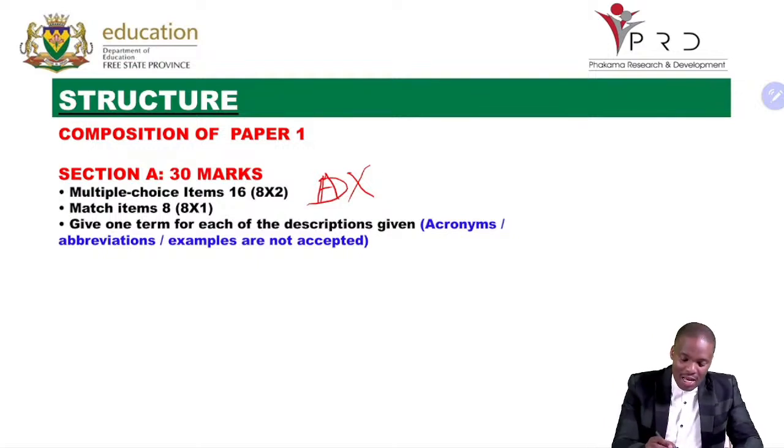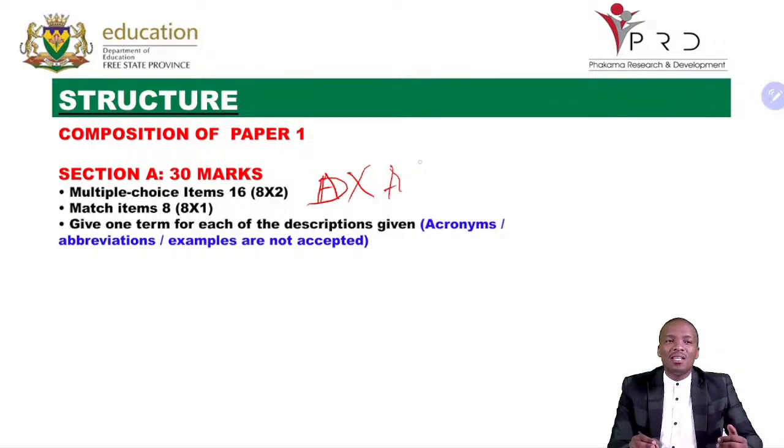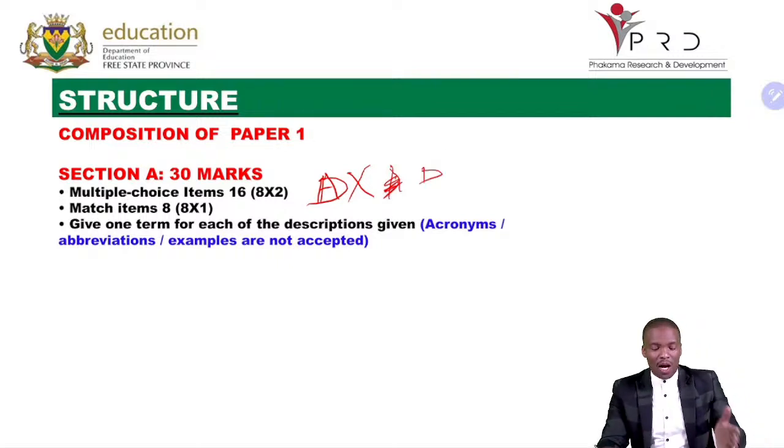If you had made a mistake, if the first one was supposed to be A for that matter, but you realize that the correct answer is D, just cancel this and write the correct one there, which is D. Do you see how clear it is?